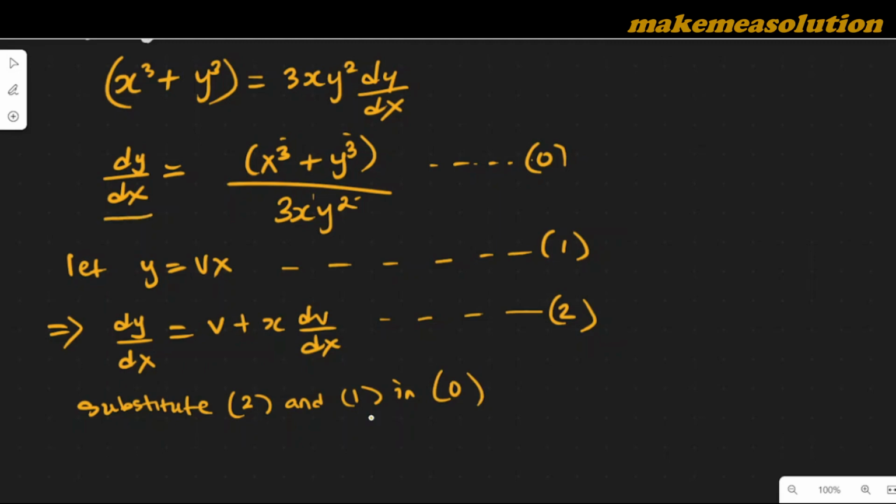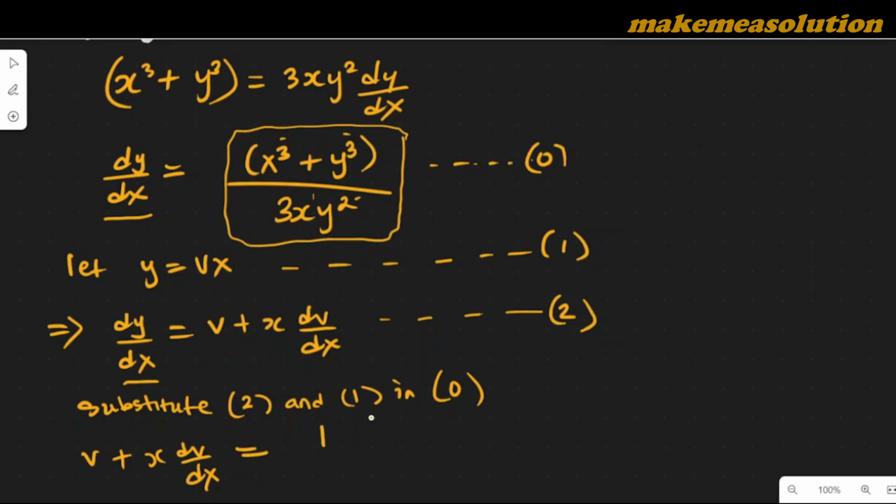The dy dx will now change to v plus x dv dx, and that will be equal to, then this right hand side over here, what is it going to change to? As you can see, remember the rule: anywhere you see x, put 1. Anywhere you see y, put what? v. So in putting 1 here, you have 1 cube. Is that okay? 1 cube is still 1. So y cube becomes v cube.